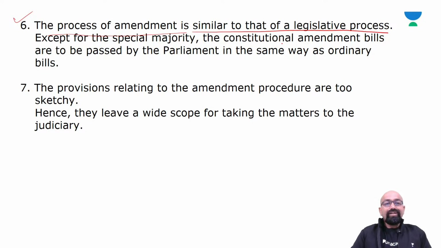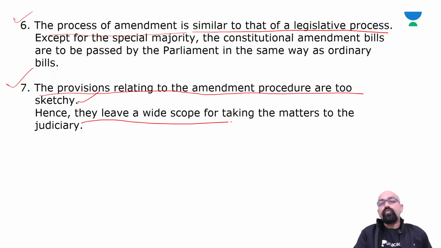So this is a criticism related to the process of amendment being similar to that of a legislative process. Next, the provisions relating to the amendment procedure are too sketchy, hence they leave a wide scope for taking the matter to the judiciary.